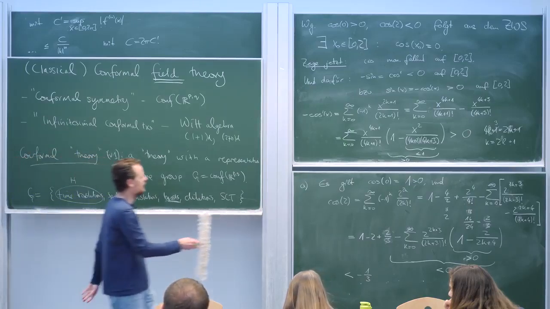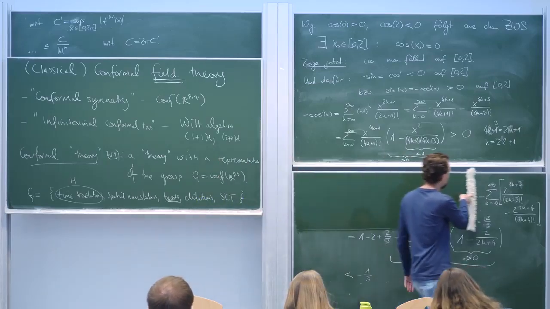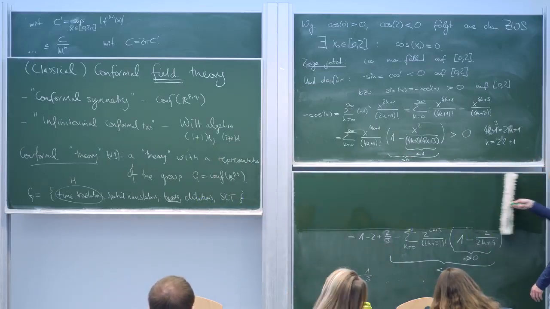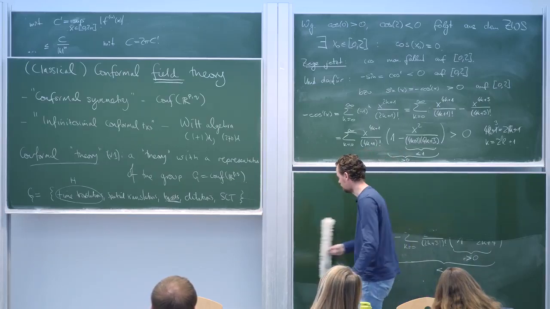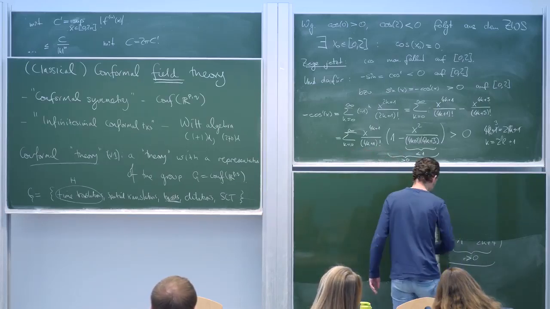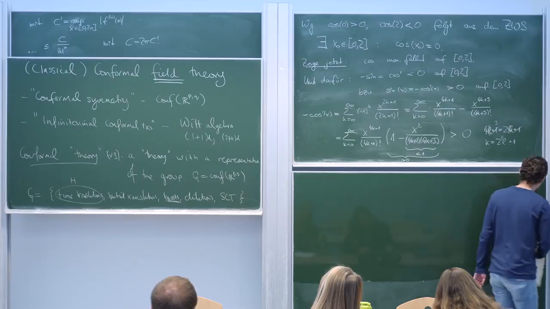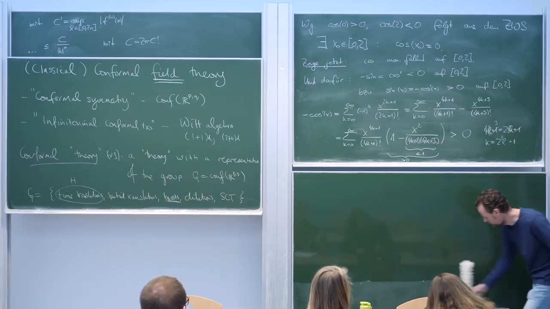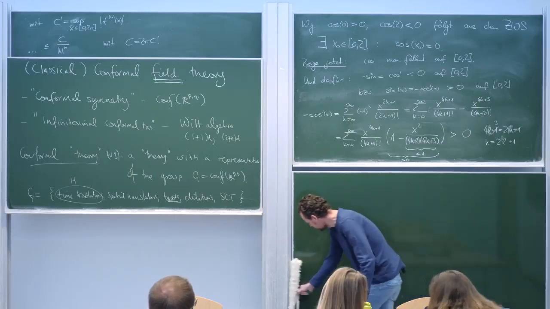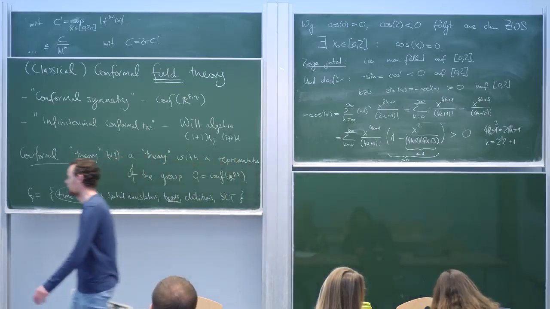Now maybe this isn't so hard. It could be that it's easy to find representations of the conformal group. And the answer is, well, yes, it is pretty easy. We can characterize them. We have Lie group theory and Lie algebra theory to work out all the representations.